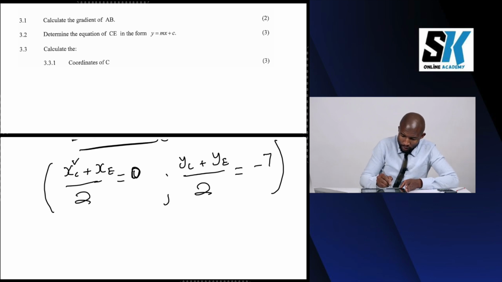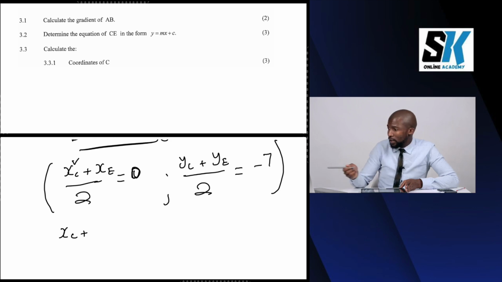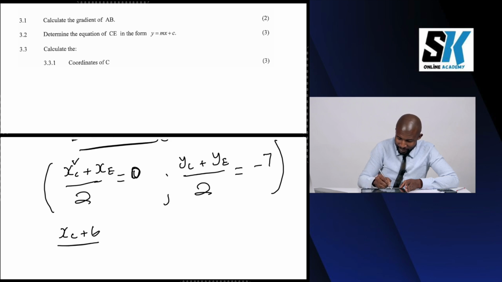So here we're going to have X of C plus the coordinate of E. The X coordinate of E is a 6, divided by 2 equals 0.